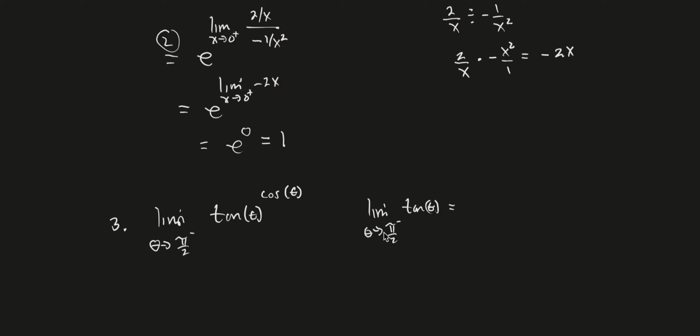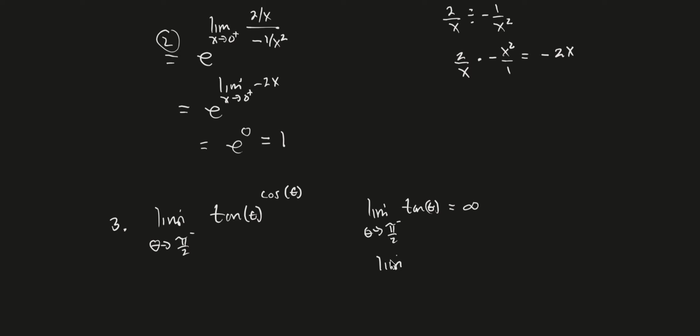So that means pi over 2, 3 pi over 2, 5 pi over 2, 7 pi over 2, and also negative pi over 2, negative 3 pi over 2, negative 5 pi over 2, etc. So as theta approaches pi over 2 from the left, the tangent function goes off to positive infinity.